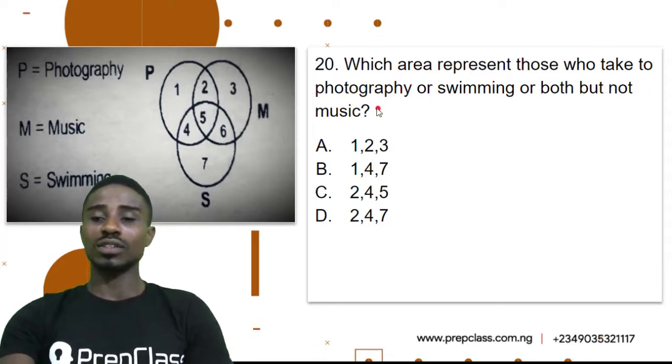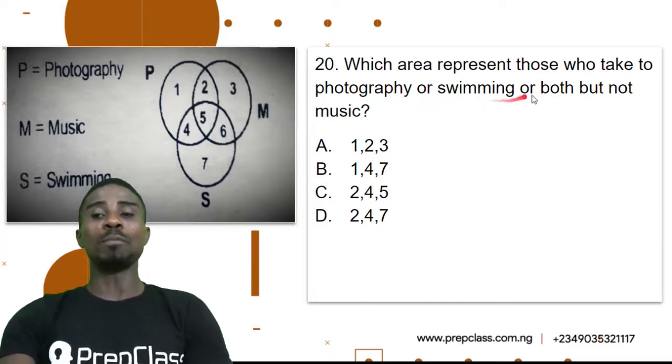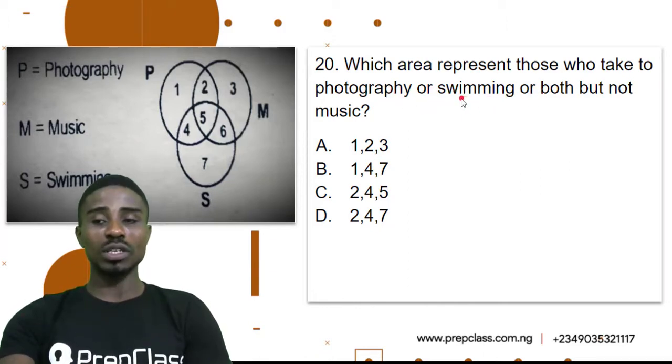Question 20. Which area represents those who take to photography or swimming or both, but not music? Let's look at the question again. So it's either photography or swimming, or both photography and swimming, but not music.